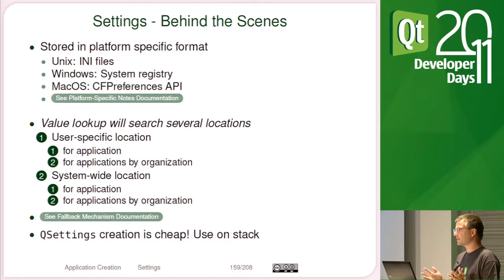On Unix-based systems, this is using INI files, and on macOS, this is the CF Preferences API. But for you, as a developer of Qt applications, you just have to deal with the QSettings object. So this is completely transparent to you.